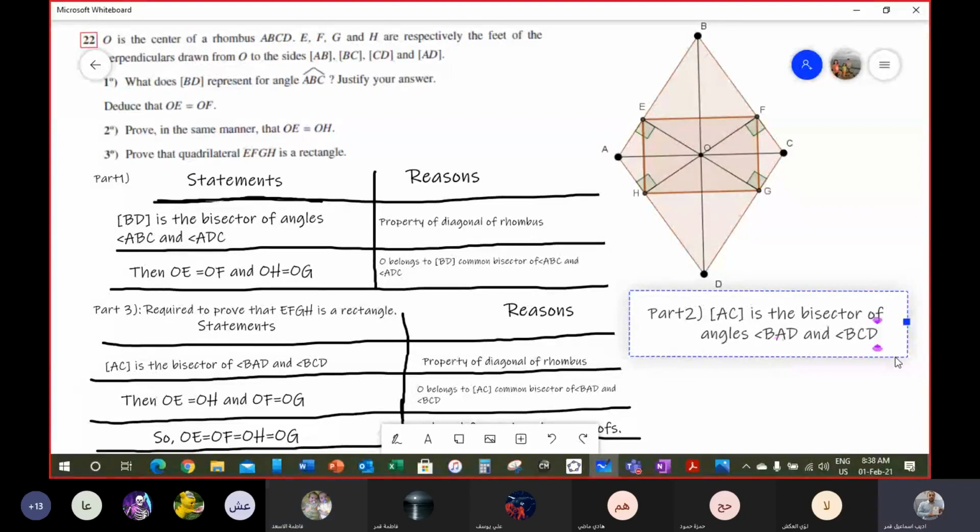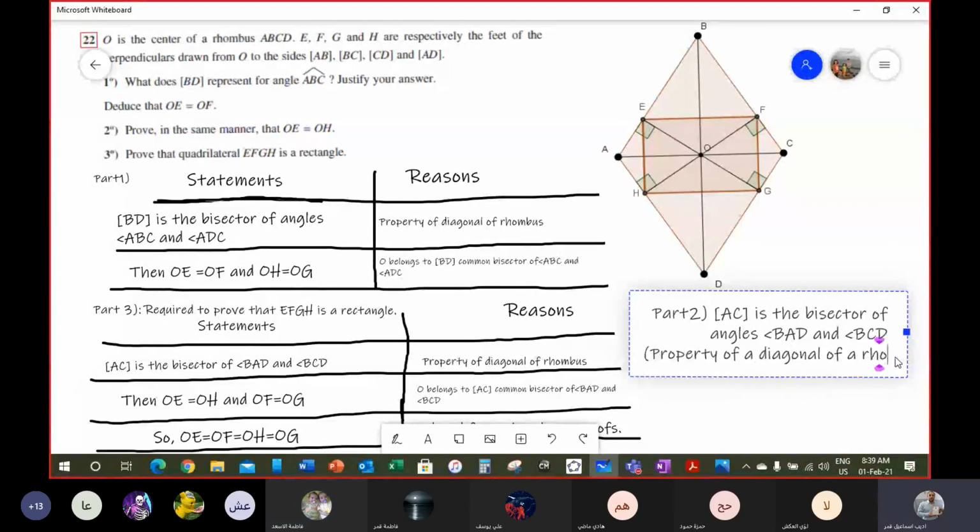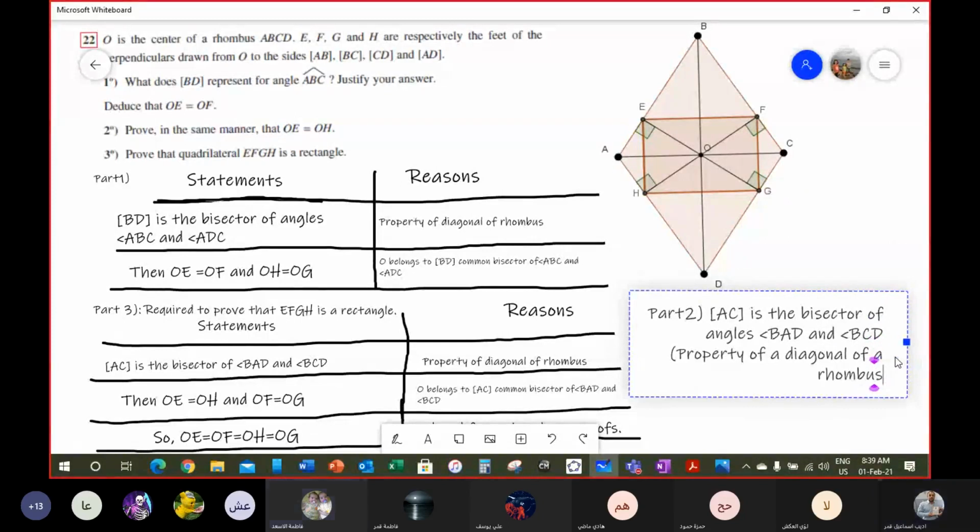Property of a diagonal of a rhombus. So as you see here, we said ABCD is a rhombus.